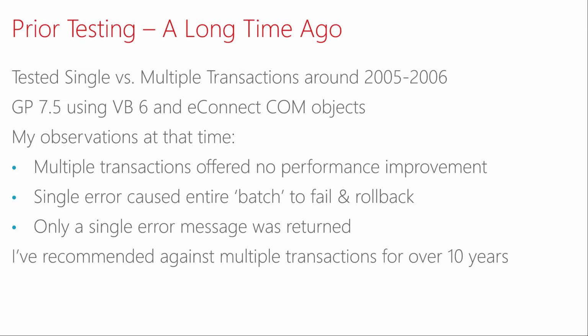If you submit 100 transactions and you have 3 errors, that 100 transaction batch will fail and you'll get 1 error message back. You won't know you have 3 errors until you resubmit it 2 more times, and you have to resolve those errors one at a time if you aren't able to find the issues by validating the data in advance. As a result, I've recommended against submitting multiple transactions to eConnect for over 10 years now.